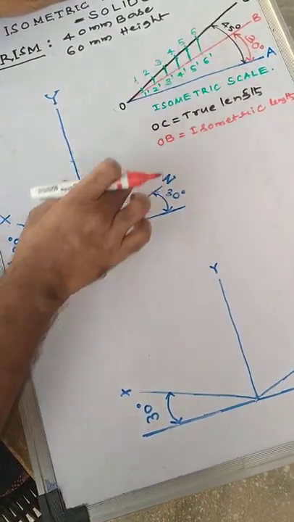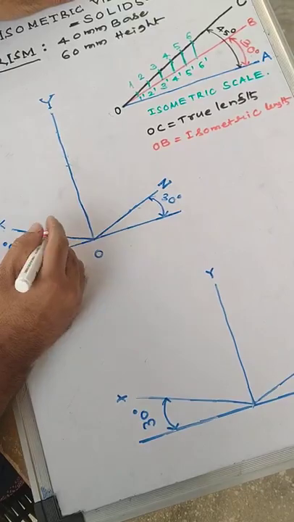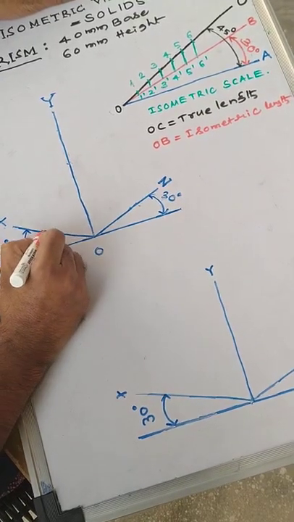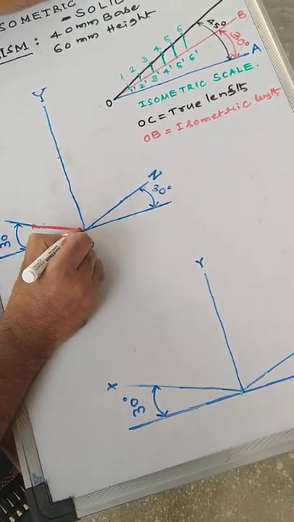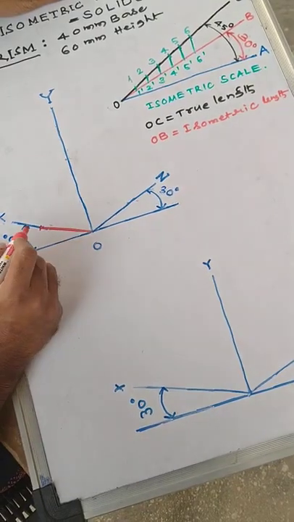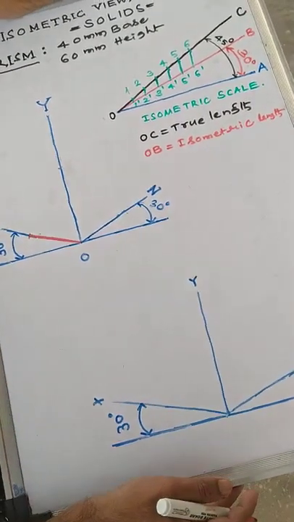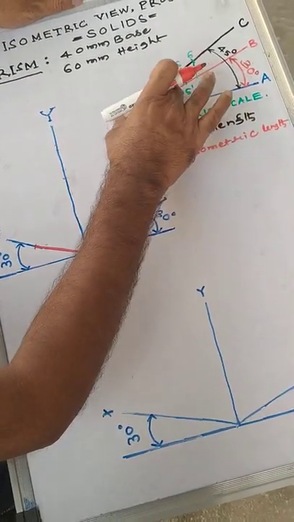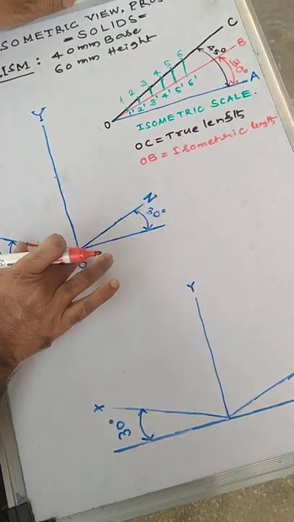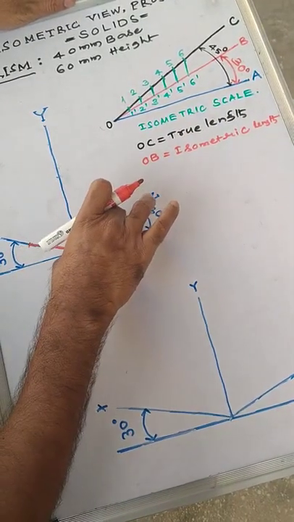This measurement on OX is its length. Now its width is also 0 to 4, 0 to 4 dash, the same length.